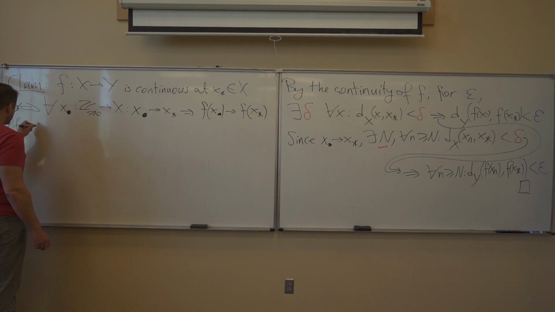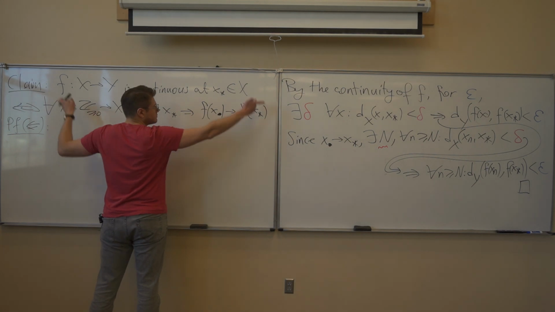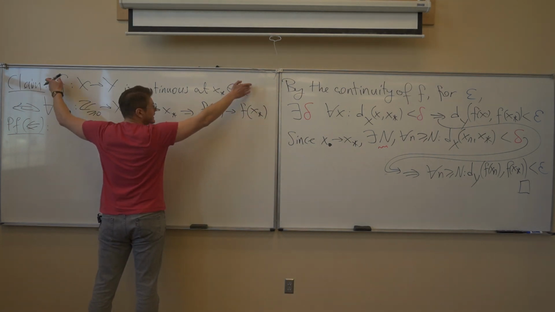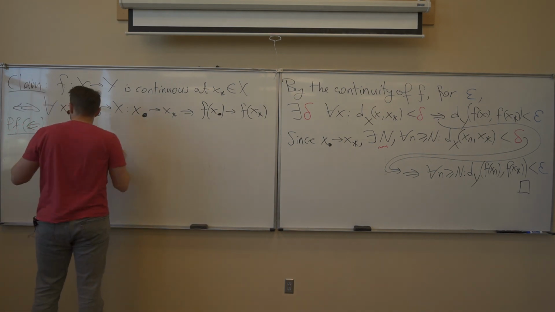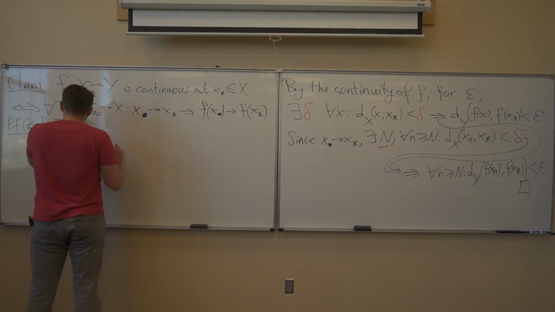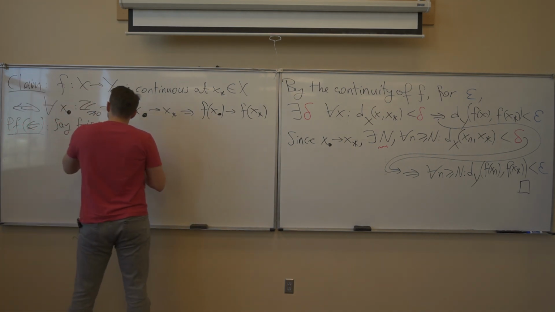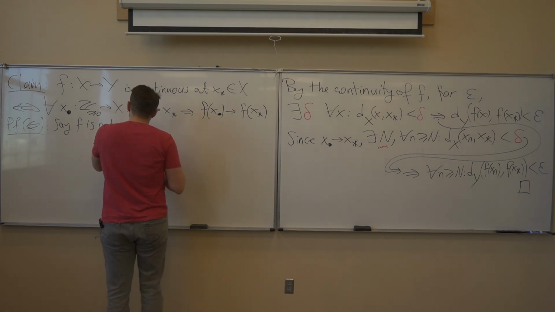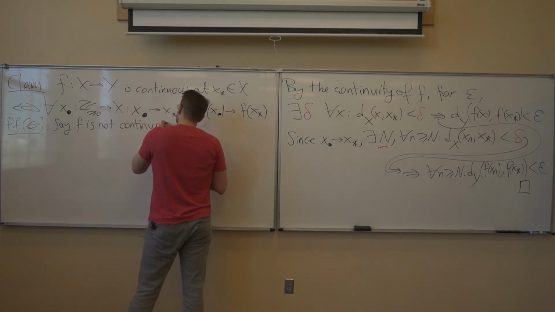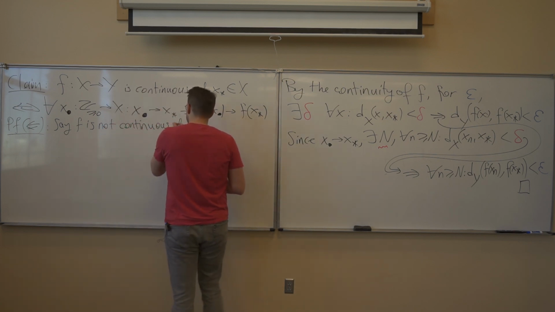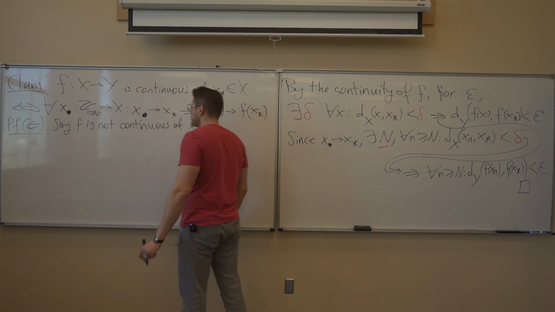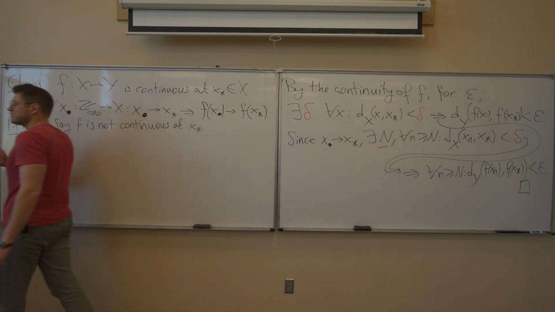Proof of the other side. Instead of proving this implies this, I'm going to prove not this implies not this. So say f is not continuous at x star. Opening up the definition, now I need to negate everything.